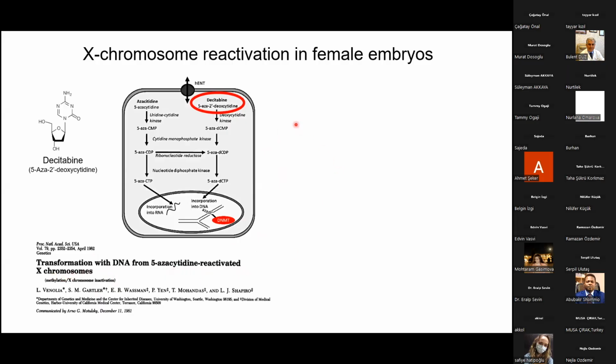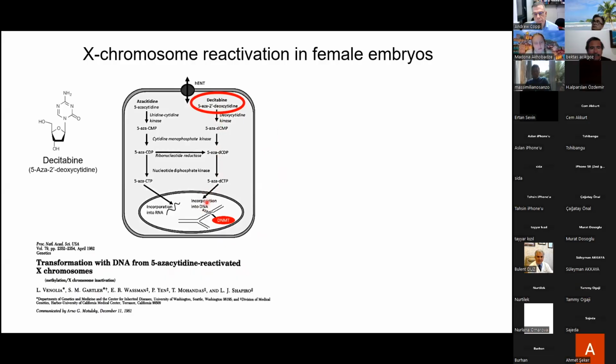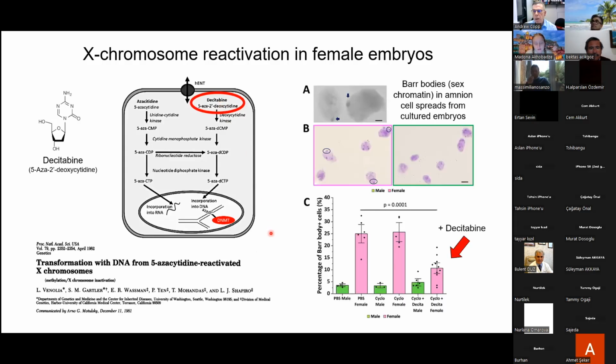And so we used a form of this called decitabine, 5-aza-2-deoxycytidine, which specifically blocks incorporation of methyl groups into DNA. This was also known in other studies to be able to assist in reactivating the X chromosome. But no one had ever tried to do this with embryos. This had only been done in cell culture. And so we treated our embryos in the culture system with decitabine.